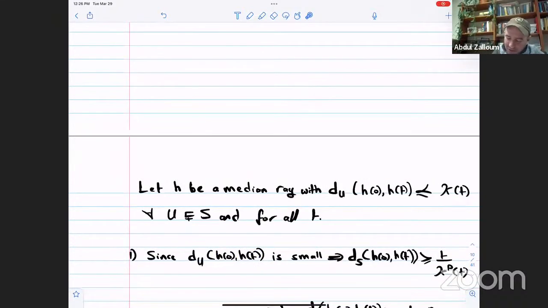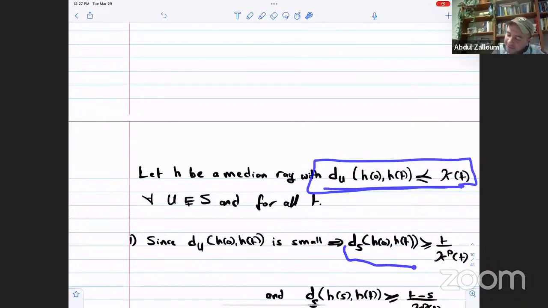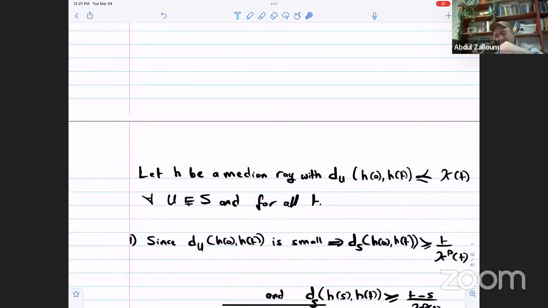So one thing that you can show is that if you have this condition, if it's smaller than kappa in each hyperbolic space, then the distance in the top level curve graph has to be at least t over kappa to the p of t. And there is an argument to be made here, but the idea is just the distance formula, right? The distance between H of 0 and H of t is the sum of distances in each hyperbolic space.